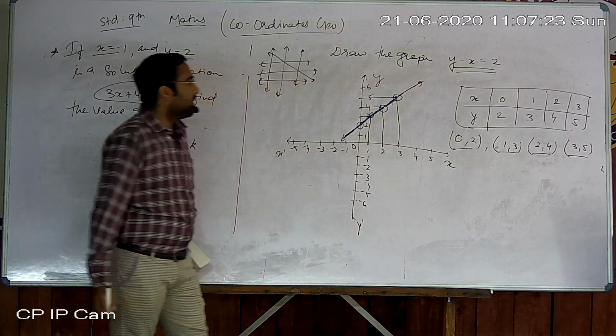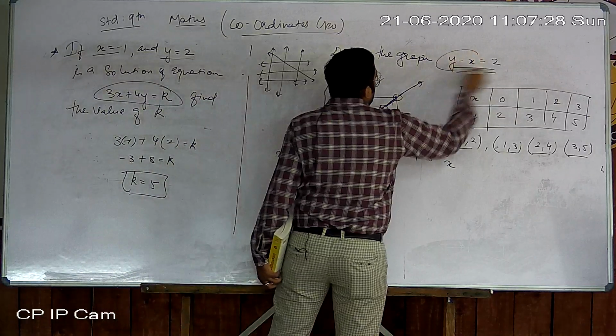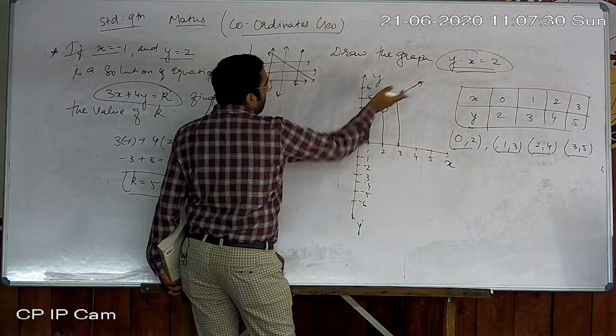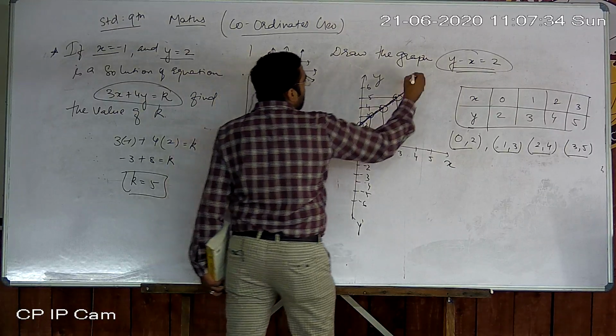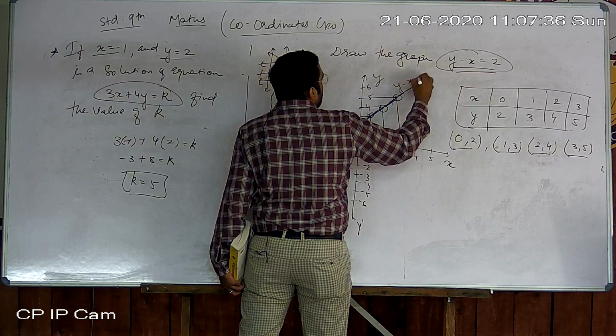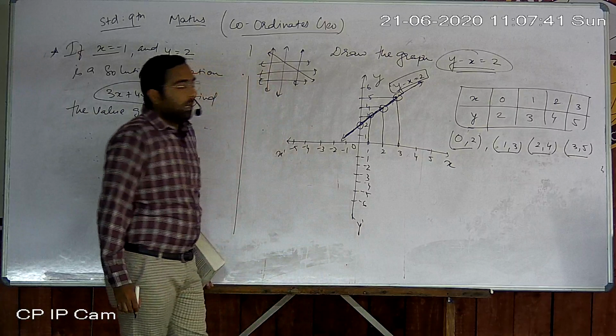Clear, students? So for this equation, y minus x equal to 2, we found a straight line in the graph.